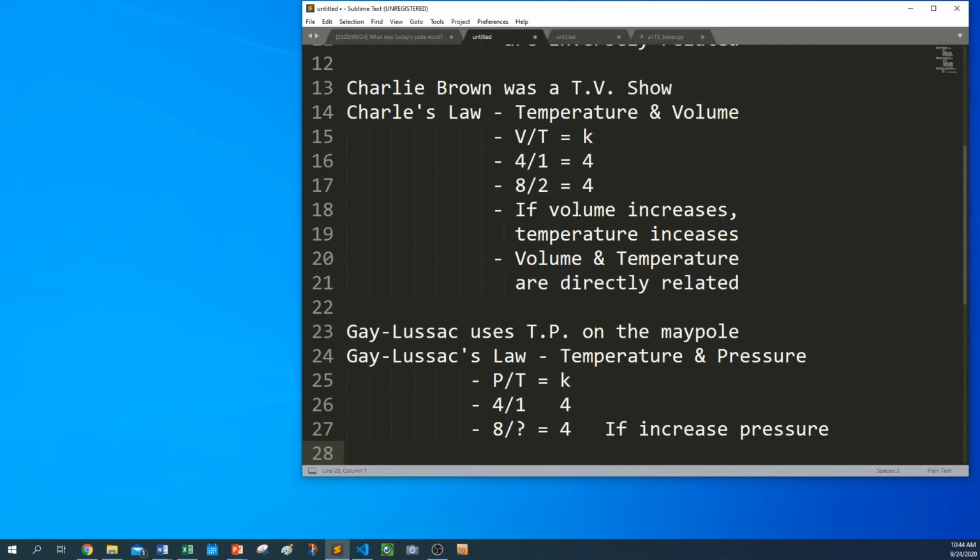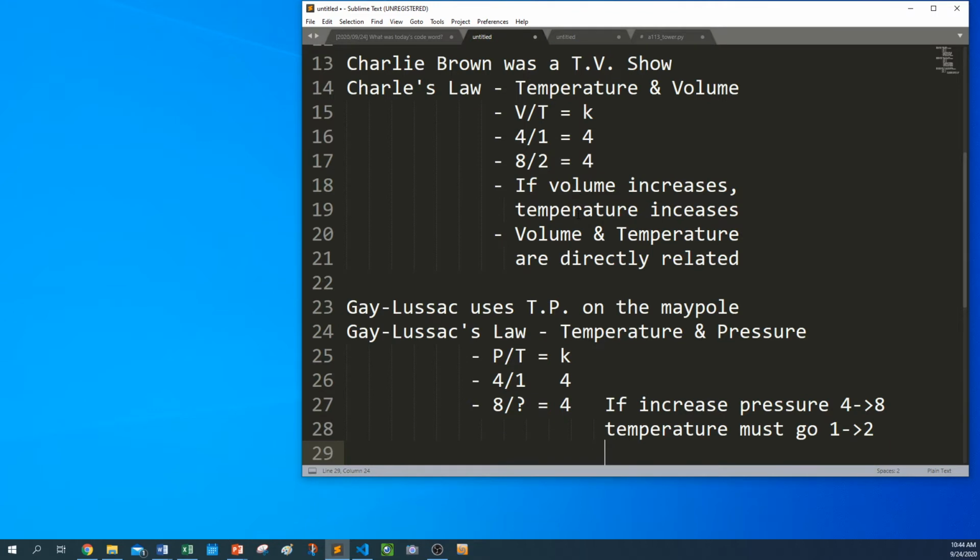So if I increase pressure from 4 to 8, we get that temperature must go up.